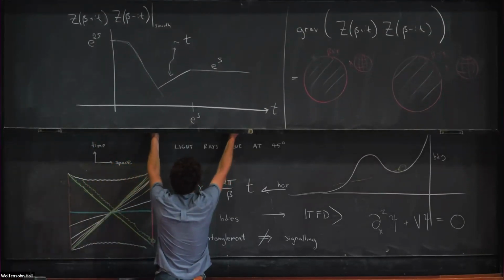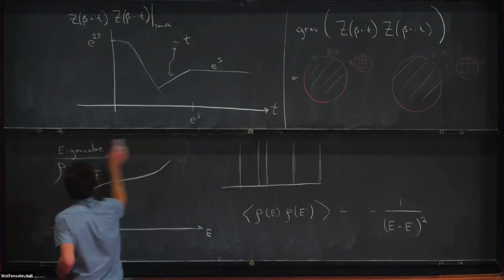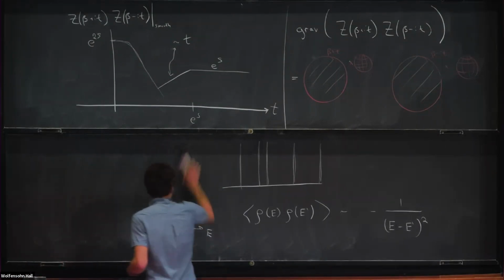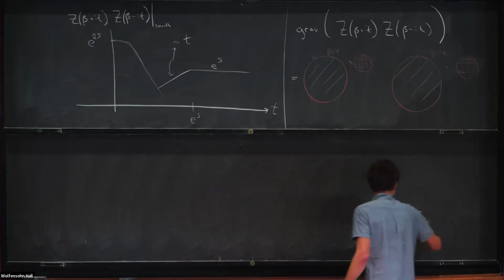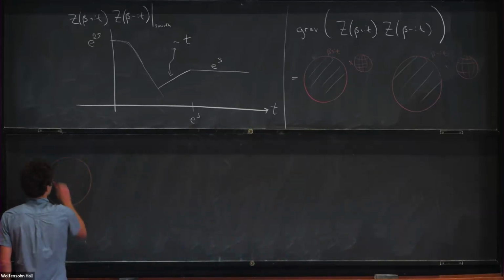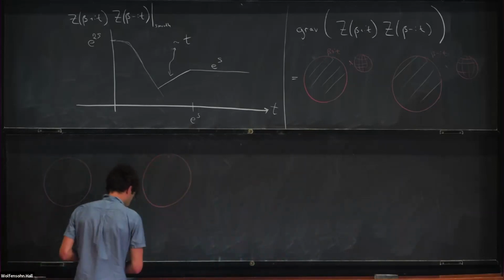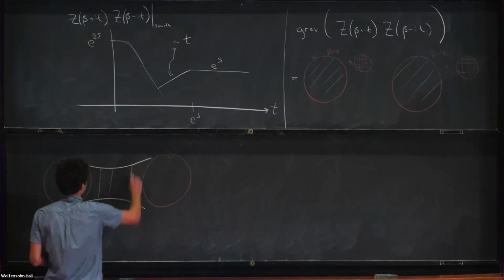Another way that you can fill it in is with what's called a wormhole, where you replace the two disks by a cylinder. So we could fill these two disks in topologically with some kind of cylinder.